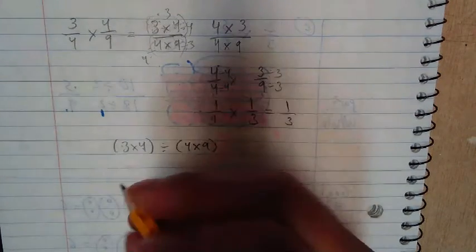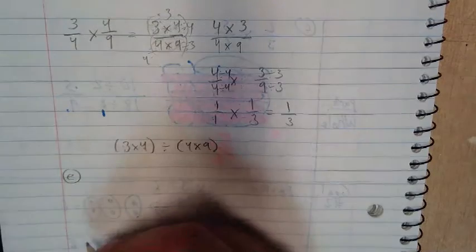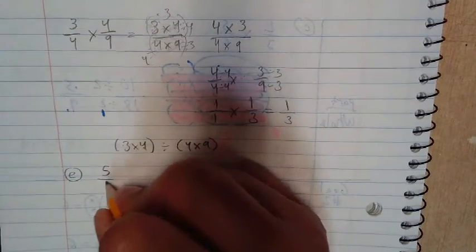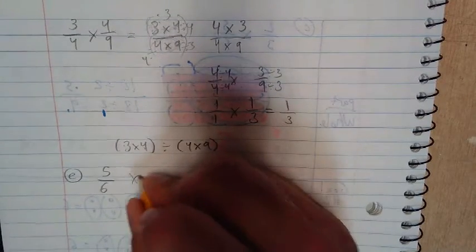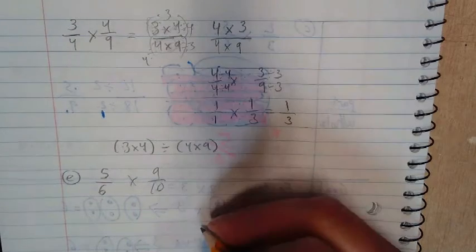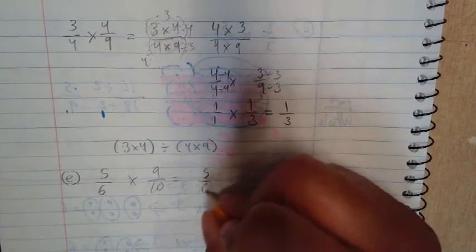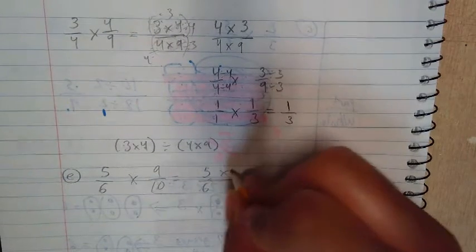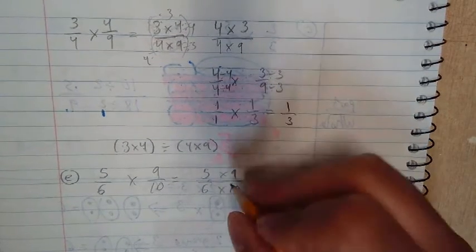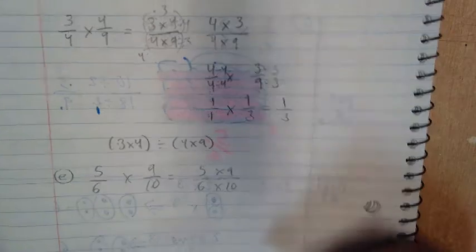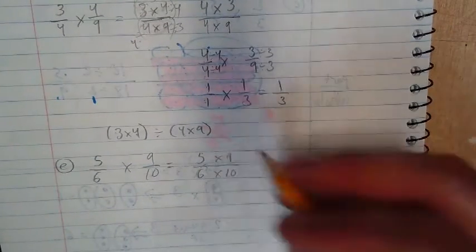And let's go to the letter E. 5/6 times 9/10. I'm going to rewrite it. Okay, I'm looking at the numerator, I'm looking at the denominator.